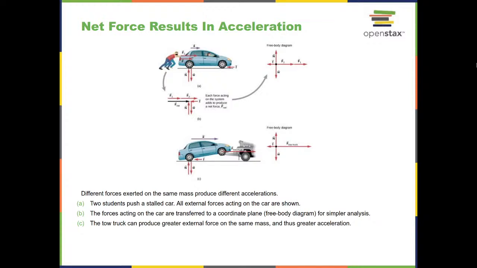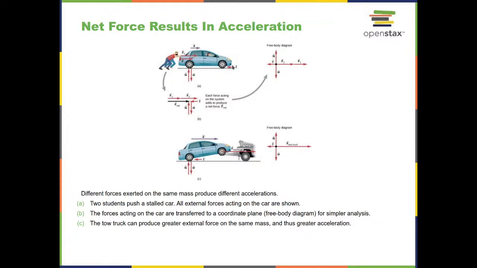So, of course, we're going to have to make the non-zero-ness of net force a little bit more precise now, right? In this case, you have two students here pushing a car, so we have two forces, F1 and F2, that are pushing the car forward.